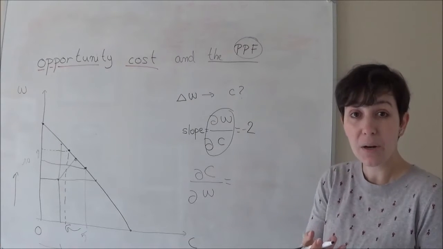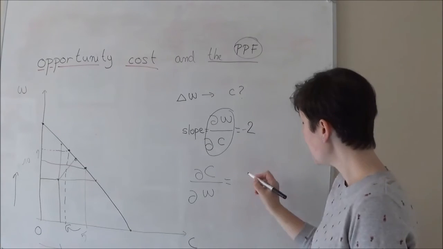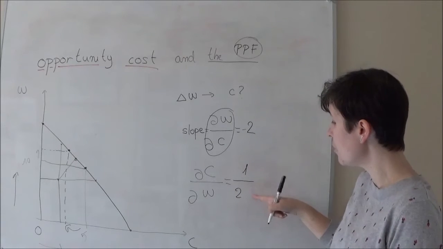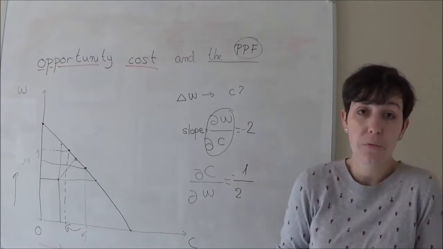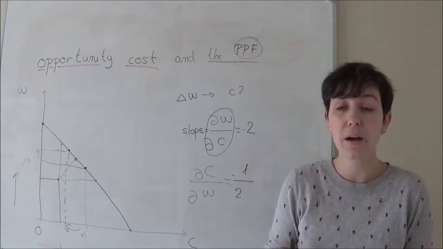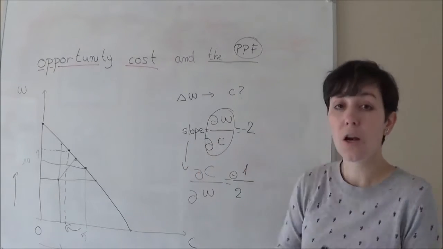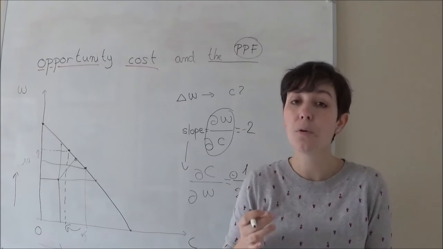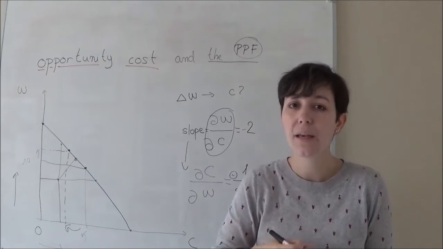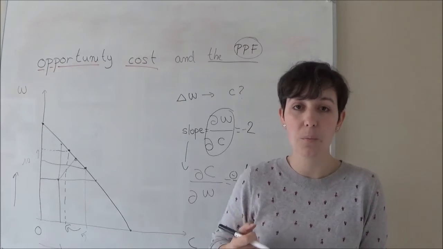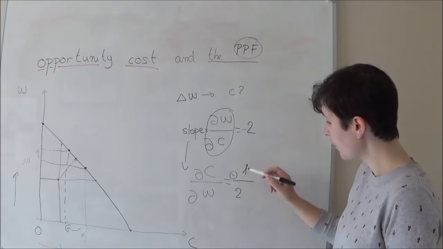So the inverse of a number is 1 over that number. In this case it is 2, so the inverse of 2 is 0.5. With the negative, that is for the slope, okay? The slope is with the negative sign, the opportunity cost is not negative, so you don't need to introduce that minus. It's just the positive value, okay?